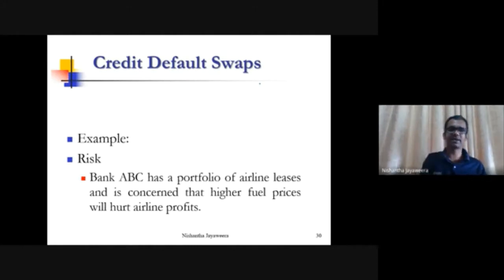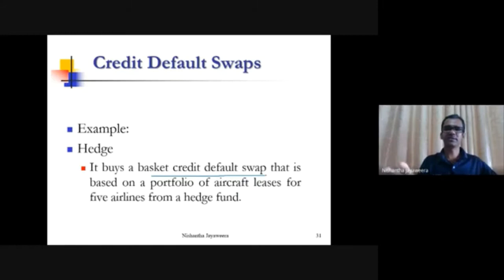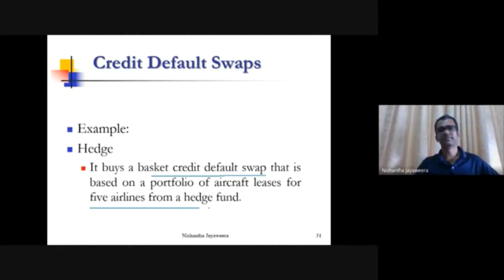So the bank ABC wants to protect that. That's the hedge. The bank buys a basket credit default swap, so not only a particular lease, but a portfolio of aircraft leases to 5 different airlines.